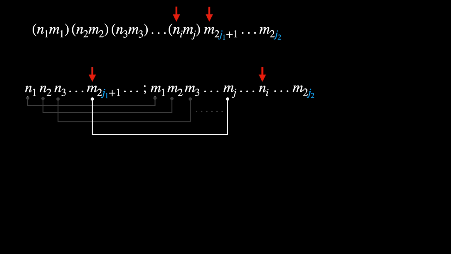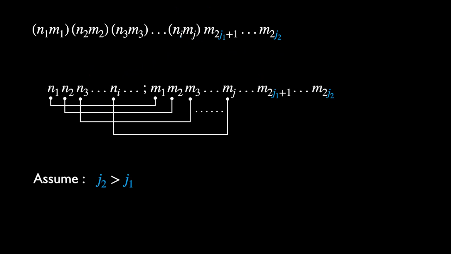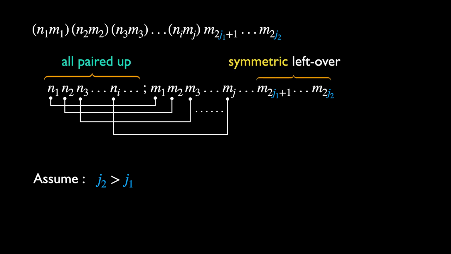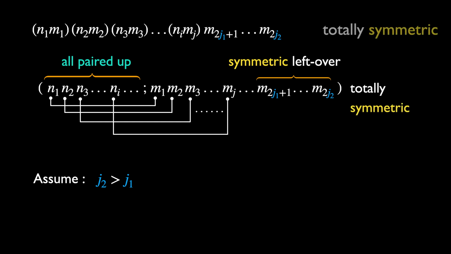Thus we have shown that our tensor is symmetric with respect to the exchange of ni and m2j1 plus 1. These cover all the non-trivial exchanges that are possible between these indices, and they are all symmetric. With this typical index structure, after all the pairings for j2 greater than j1, we have just shown that all the indices are in fact totally symmetric with respect to each other.